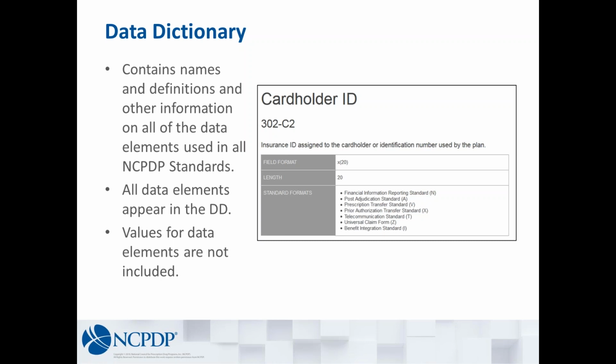As you can see by the screenshot, some of the type of information that you might find in the data dictionary for a data element is its name, its field number, a description, as well as the field format and length, and a list of which NCPDP standards contain that data element. There also may be some comments or examples that are included.